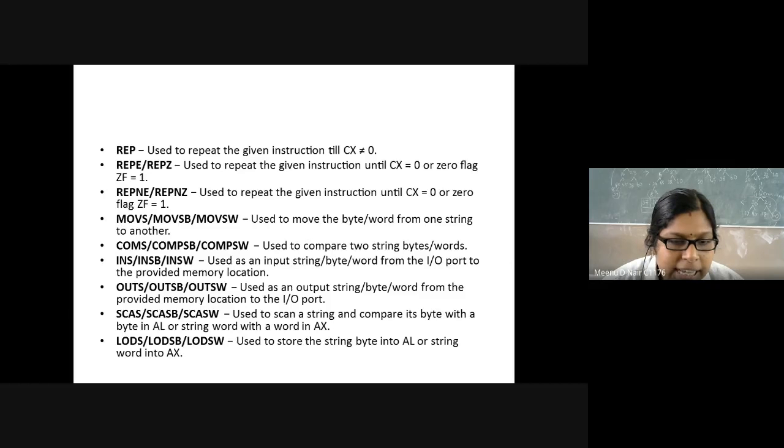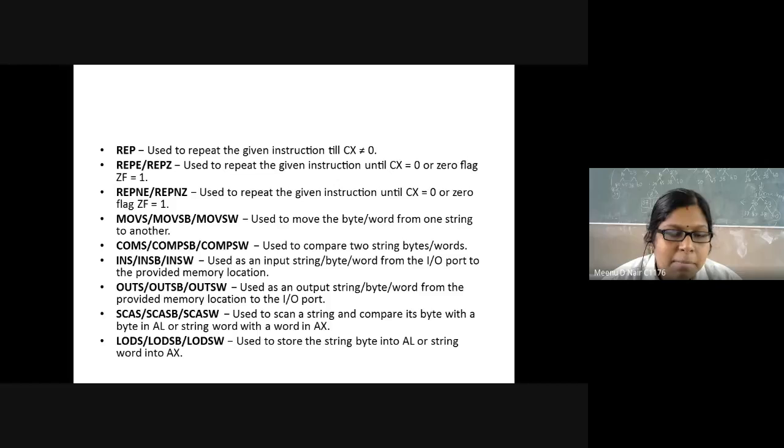Then SCAS means scan a string and compare its byte with a byte in AL, or a string word with a word in AX. Then LODS means load the string byte into AL or string word into AX. Byte means it is 8-bit only, so you are using AL.